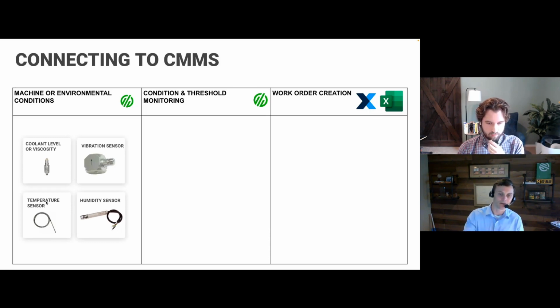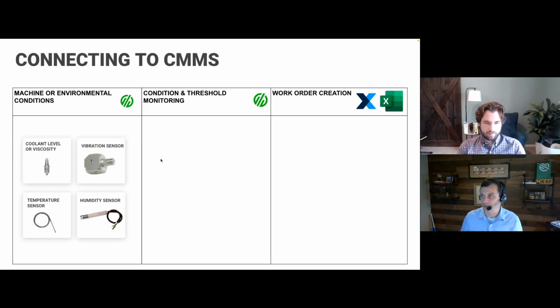So you're taking action at the moment it's needed, and it's not too late, and you're not burdening staff to check the filter every day. And lastly, you avoid huge impacts and fines. That's an example of an environmental condition or an HVAC situation where we can gather sensor information.